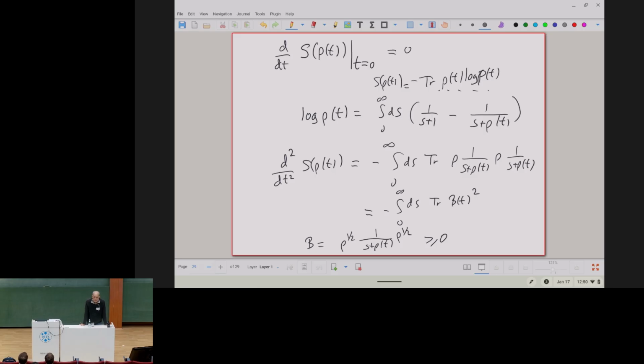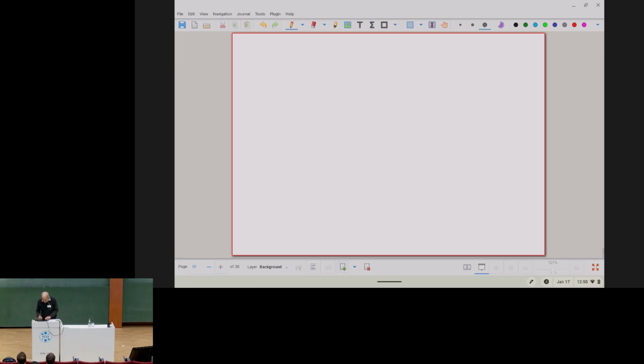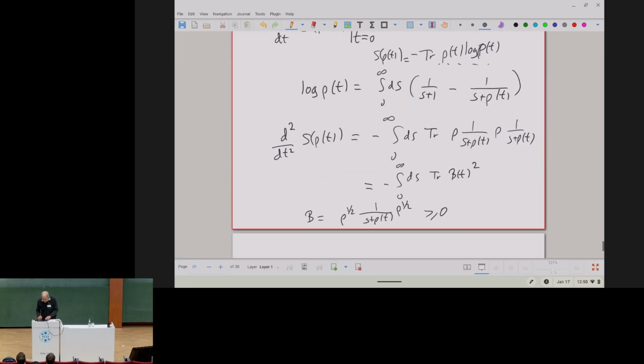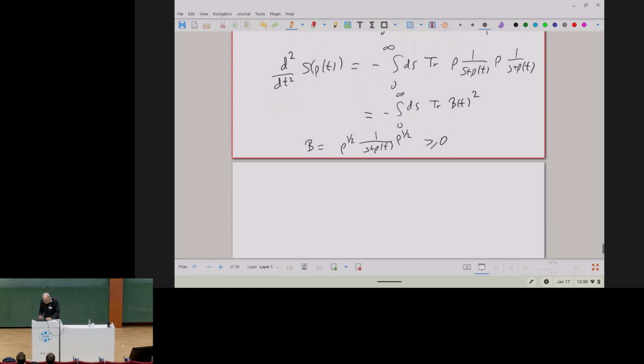So trace b squared is non-negative, and therefore the second derivative is non-positive. So we have a function whose first derivative at the origin is 0 and its second derivative is everywhere non-positive. So we conclude that S of rho of 1 is equal to or less than S of rho of 0.